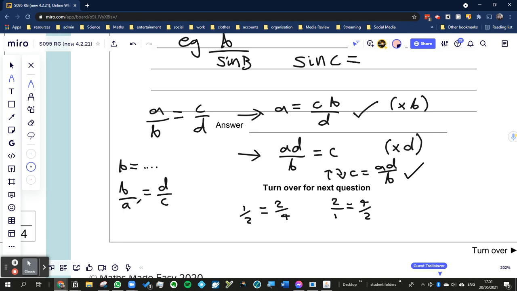So the first stage was just to flip. I'm just going to put flip.